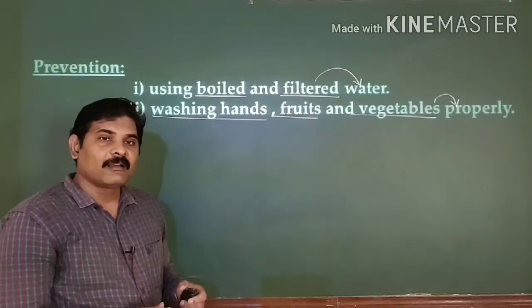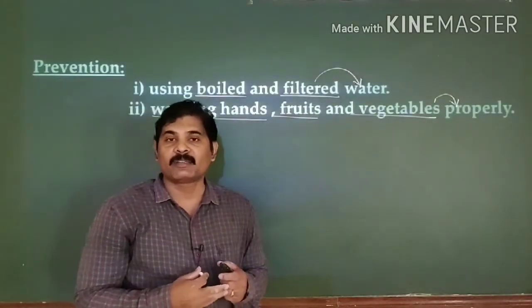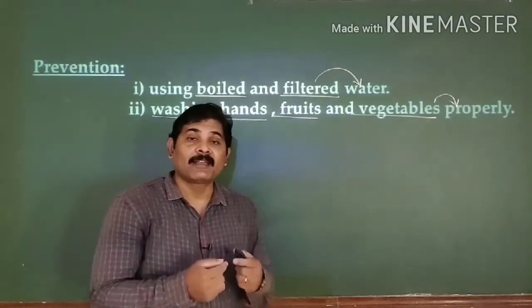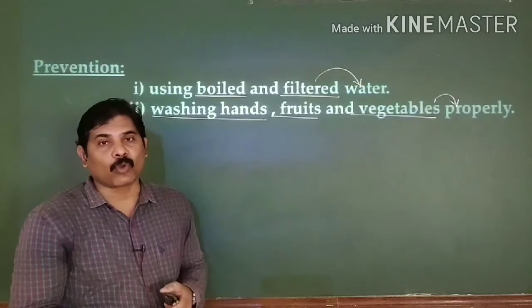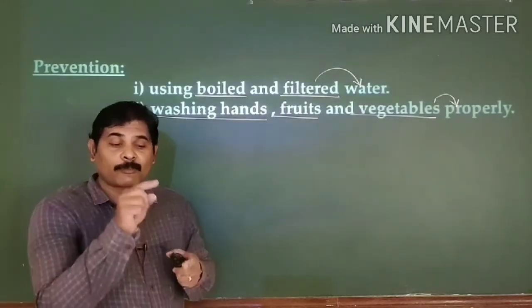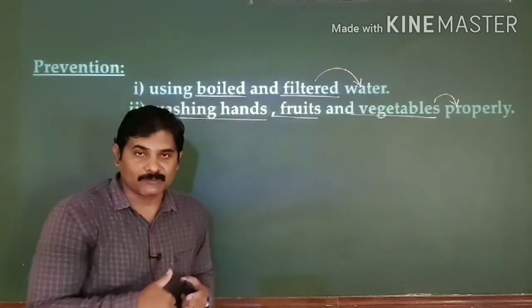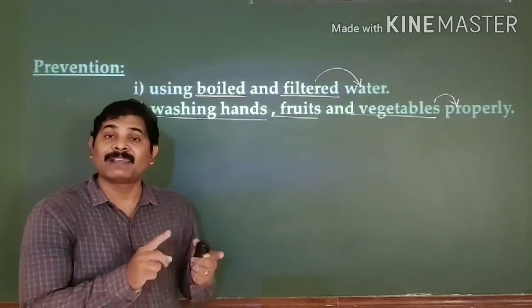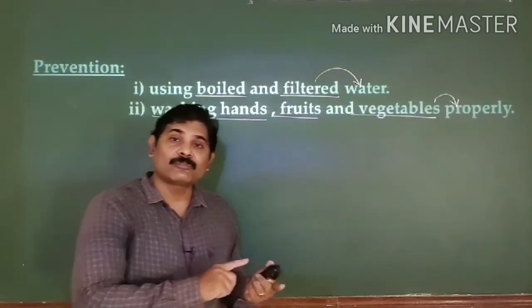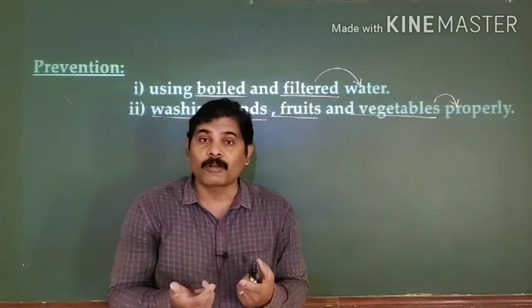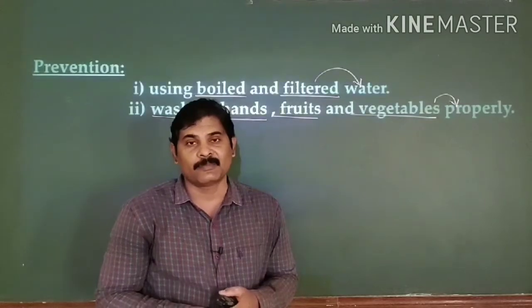So in India, most of the people go for defecation in open places. So if you go like that, the fecal matter will get mixed up with your soil, and these infective stages are present within the soil. When you play within the soil, it may get transferred to you. Or one way or another, by mechanical vectors, these infective stages may get transferred to the food and water and cause contamination of these two things.